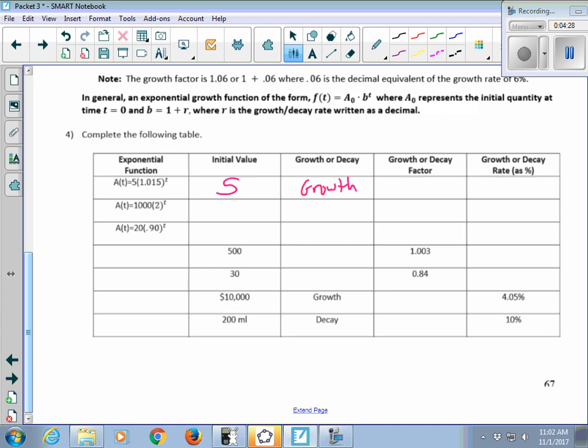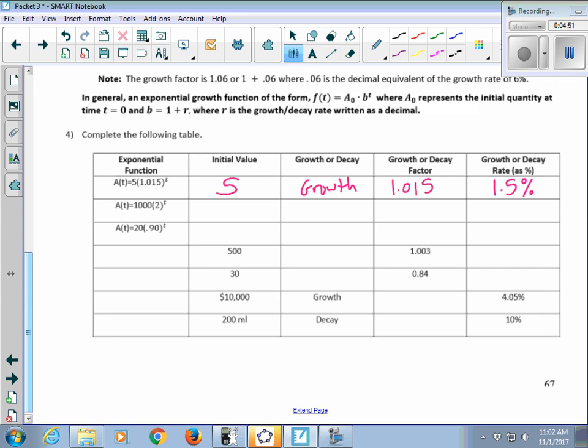The growth factor is 1.015, which means that my growth rate is 1.5%. Right? The 1 means keep 100%, and then the 0.015 is the growth percentage as a decimal.